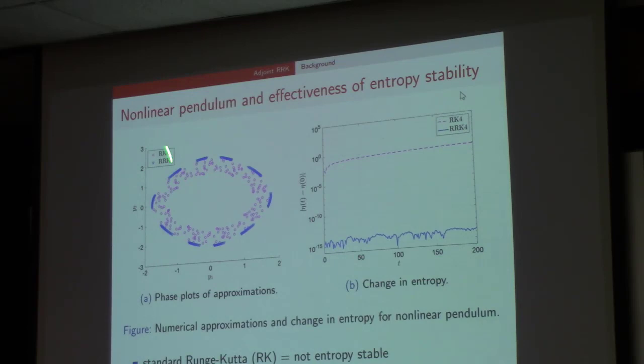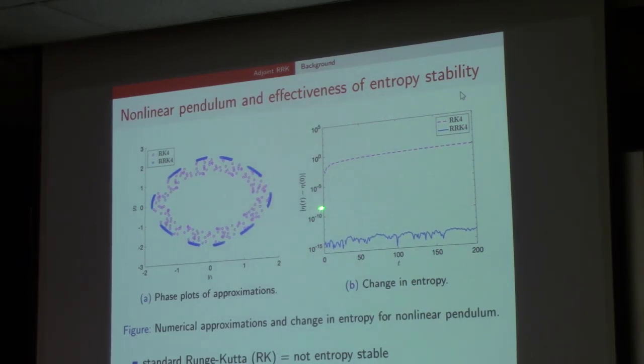And so this is the phase diagram. We expect a nice cyclical phase diagram. If you use regular Runge-Kutta, which is the sort of first thing you do if you want to solve something in time in an ODE, it is not entropy stable, and so the price you pay is that your numerical solution is actually decaying in a way that is not physically relevant.